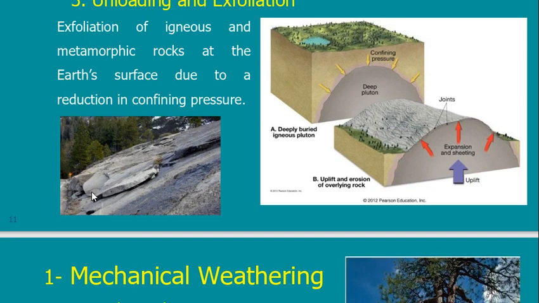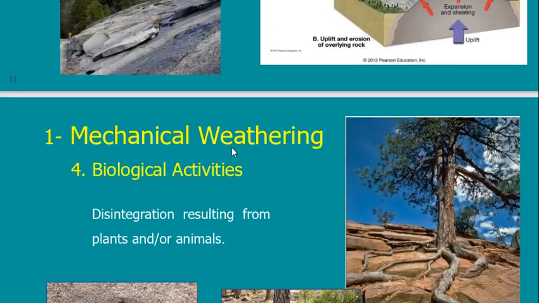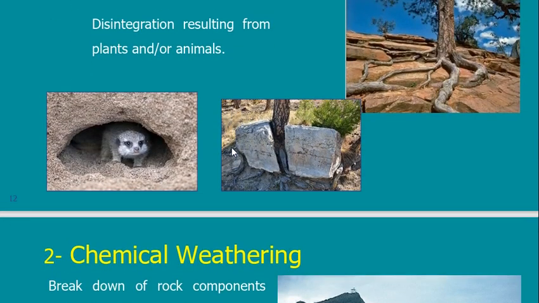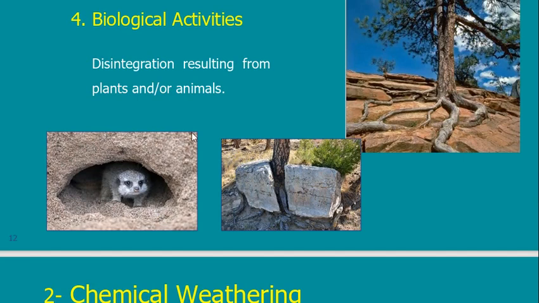A very big layer just shattered away on top of this big mass of rock. So this is unloading. First, there will be some kind of unloading so that the surface layer is removed, and once it is removed, this curved shape stays in place, and with time it is affected by exfoliation.